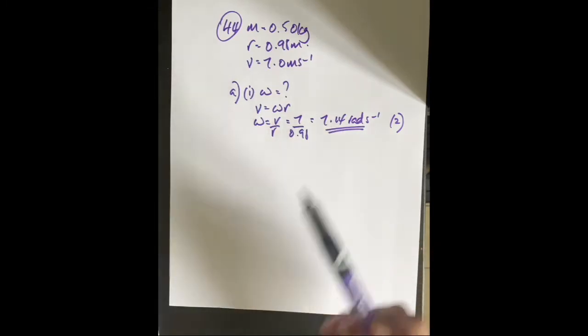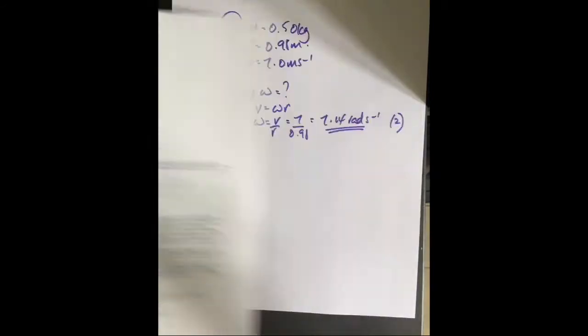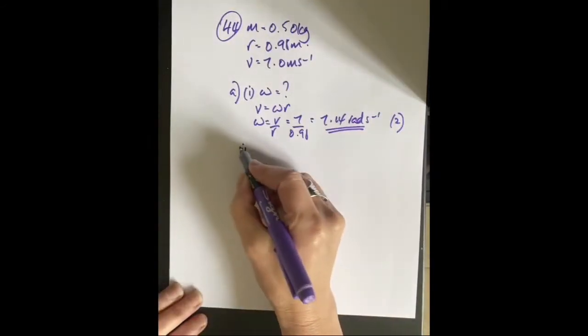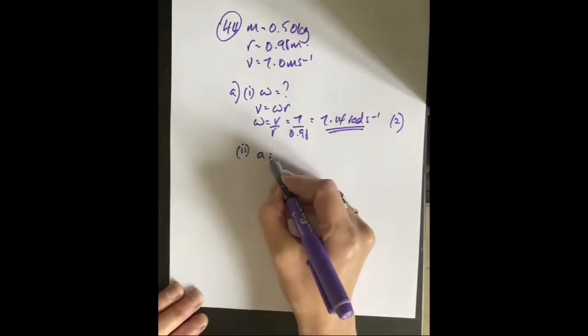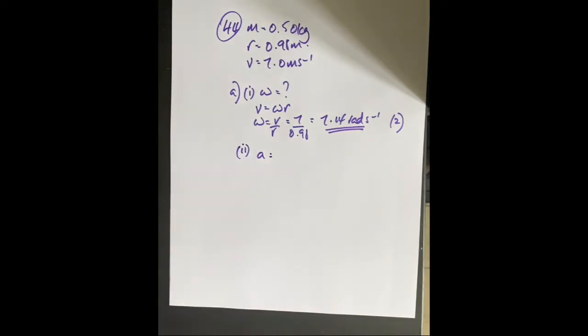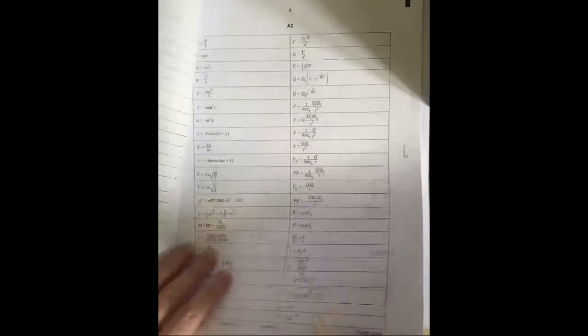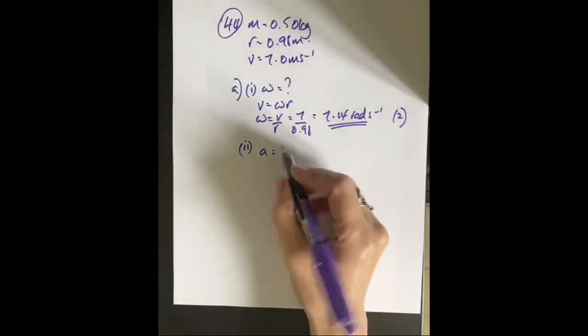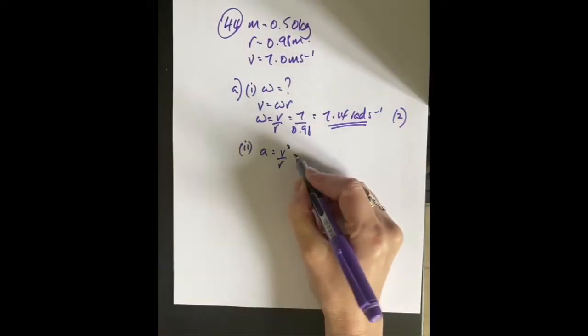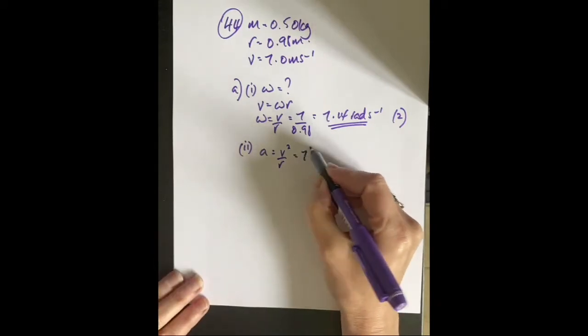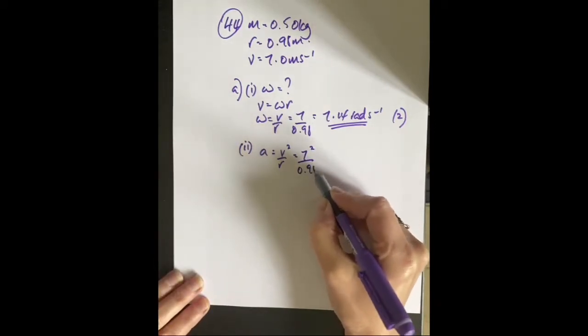All right. Next bit, A part II. What's the centripetal acceleration? So now we're finding A. A is V squared over R. So it is 7 squared over 0.98.